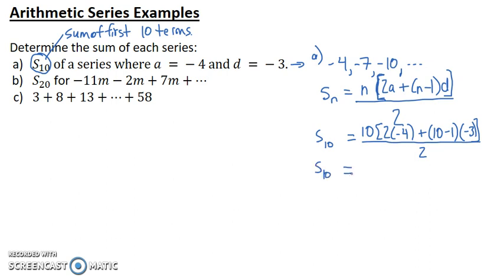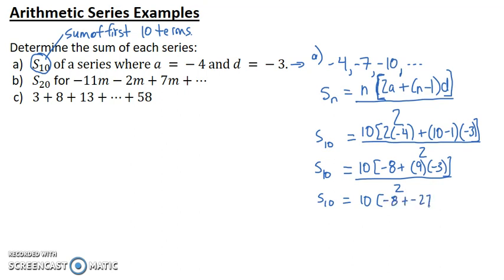I'm really going to substitute that in your calculator and find a number. So it ends up being 10 times -8 plus 9 times -3 divided by 2. And so the 10th term would just be a value of -175.